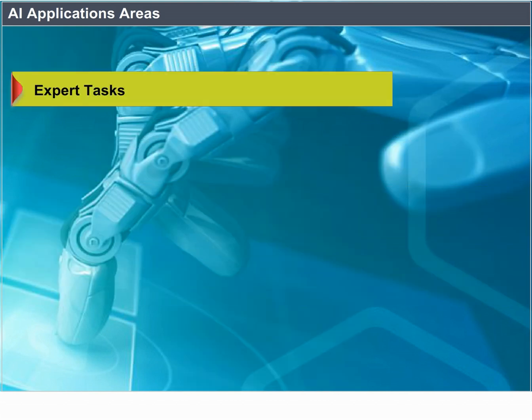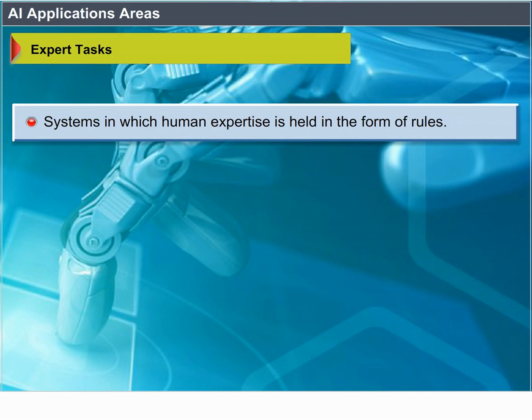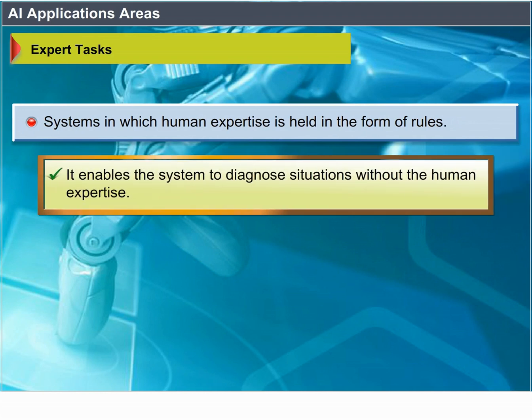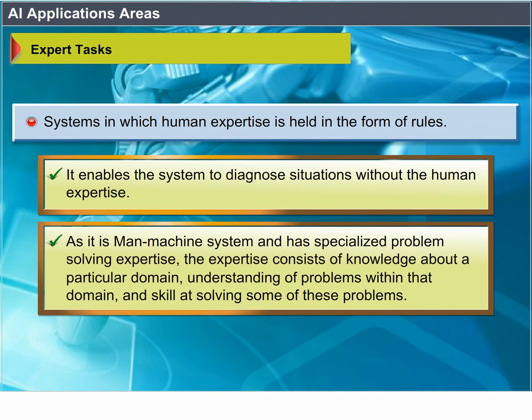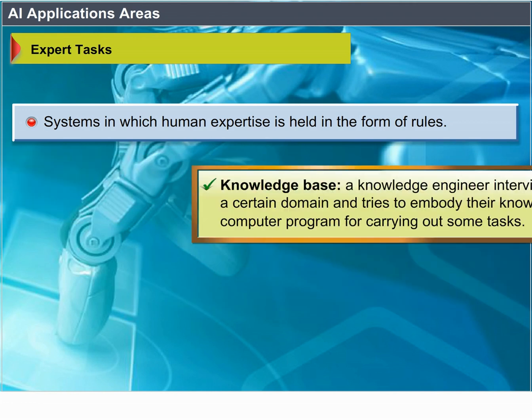Expert tasks. Systems in which human expertise is held in the form of rules. It enables the system to diagnose situations without the human expert. As it is a man-machine system with specialized problem-solving expertise, the expertise consists of knowledge about a particular domain, understanding of problems within that domain, and skill at solving some of these problems.